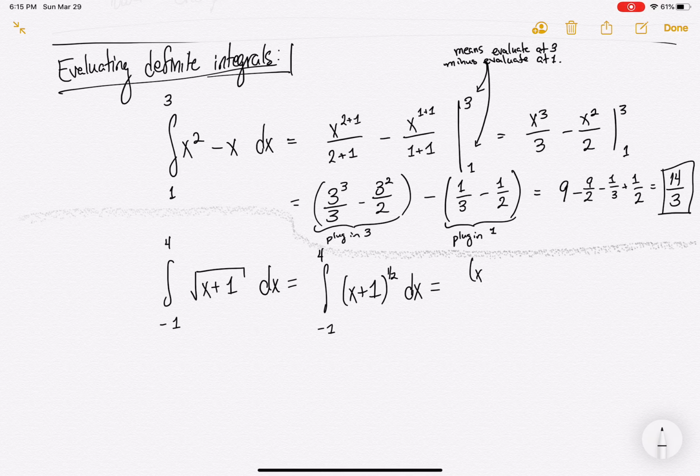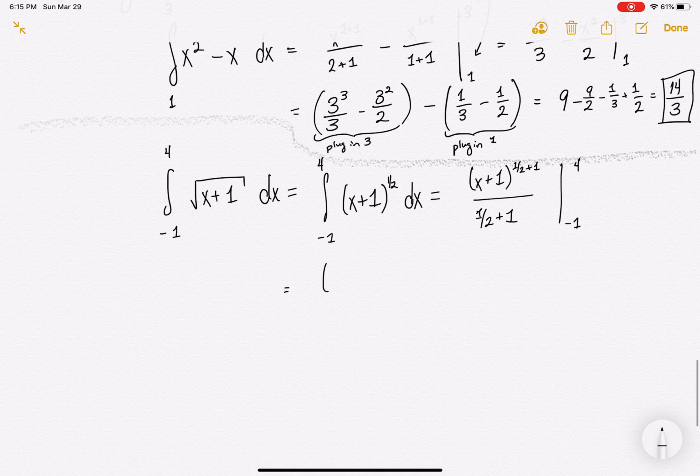So this is x plus 1 to the 1/2 plus 1 divided by 1/2 plus 1, evaluated at -1 and 4. So I can rewrite that as, this is really 3 halves on the bottom or 2/3 on top. x plus 1 to the 3 halves, evaluated at -1 and 4.